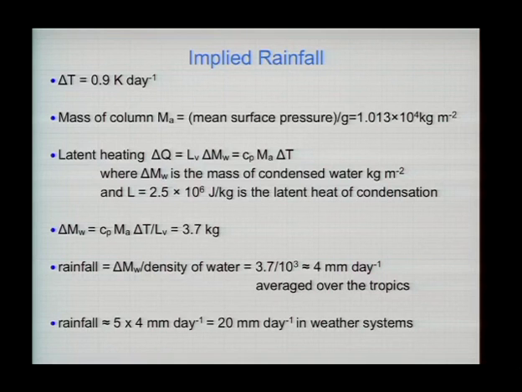So if we average over all of the tropics, we get about 4 millimetres per day. But it's not just evenly spread over all the tropics. The rain falls out of these convective systems, and they cover about a fifth of the tropics. So in these weather systems, it would be more like 5 times that, which is 20 millimetres per day.